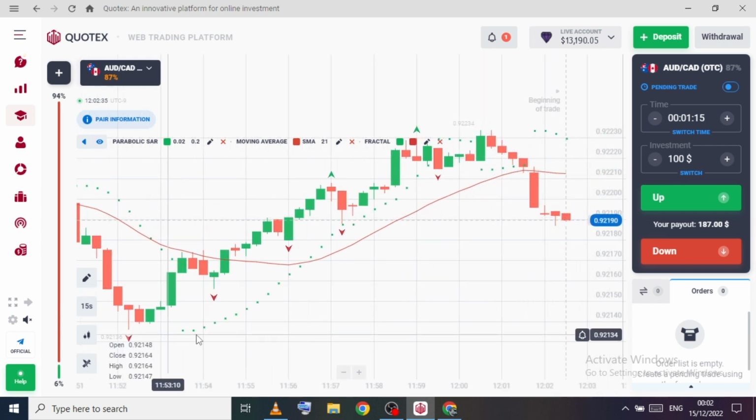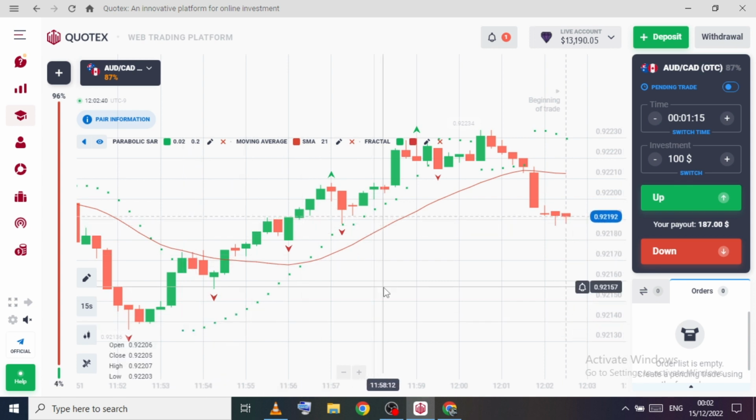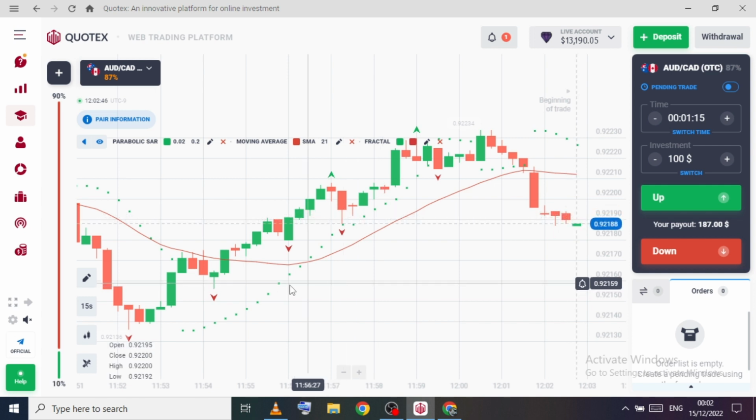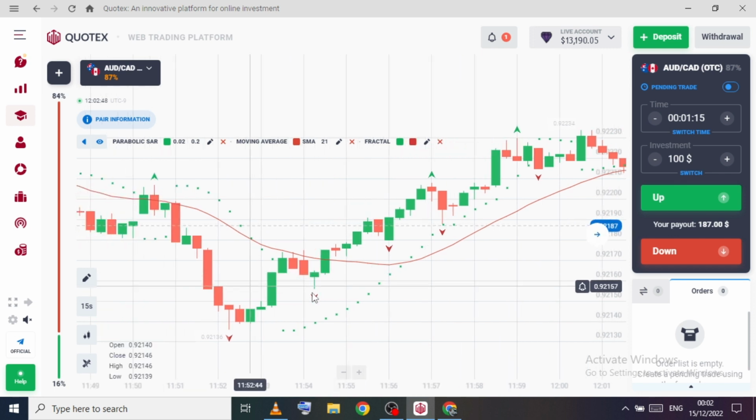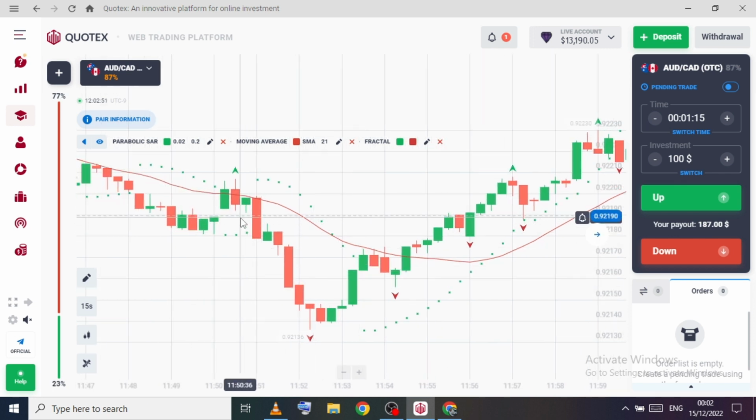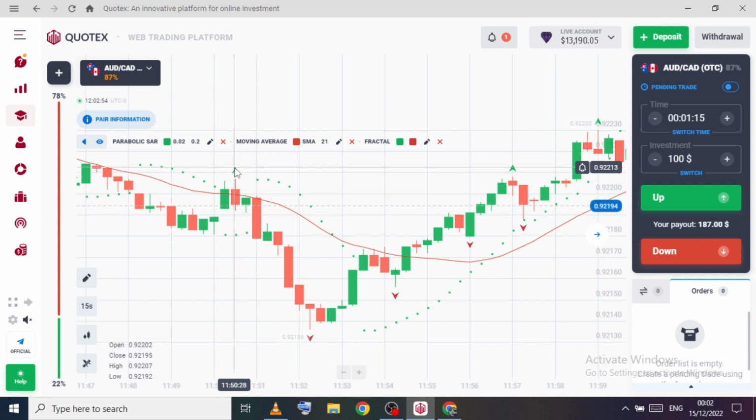So we have a Parabolic Sar. This is what a Parabolic Sar does. It shows us a reversal. The Sar actually stands for stop and reverse. And then we have fractals. Most of the time you're gonna notice that this fractal shows up whenever we have a pin bar type of situation.